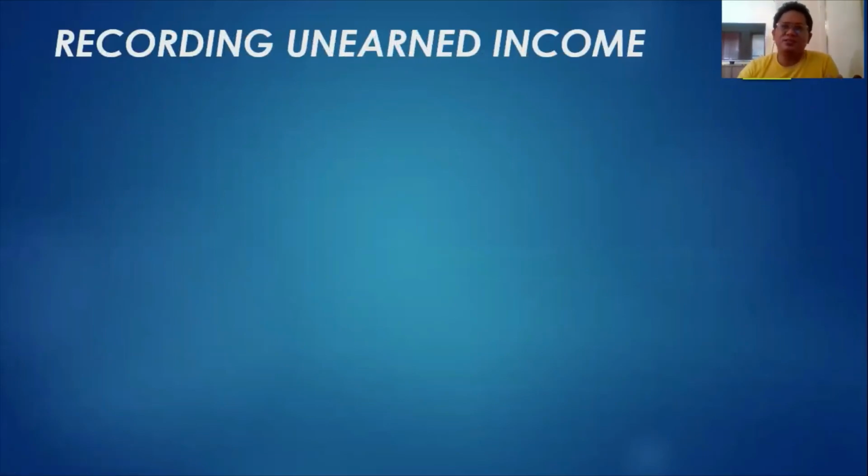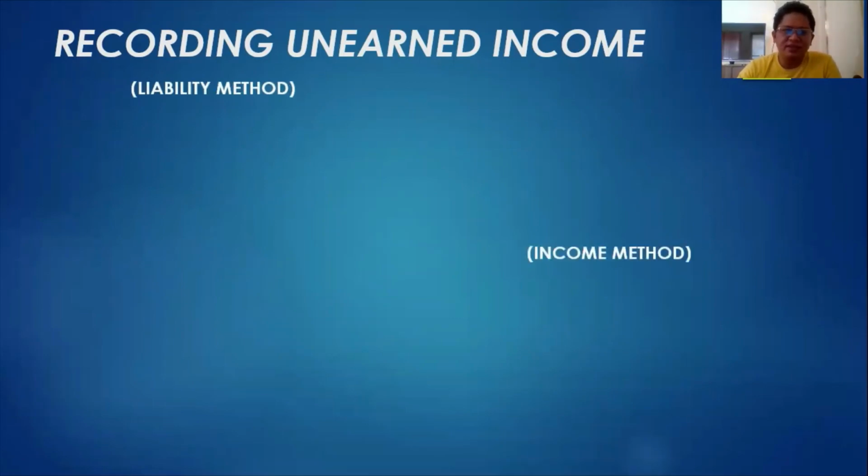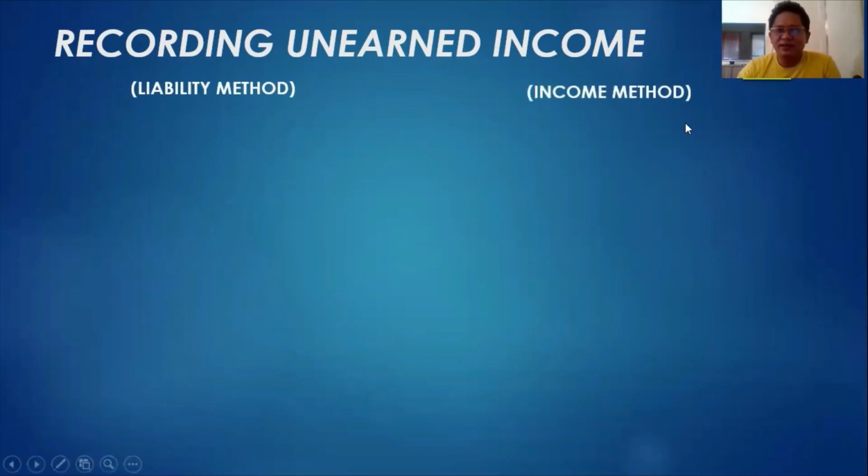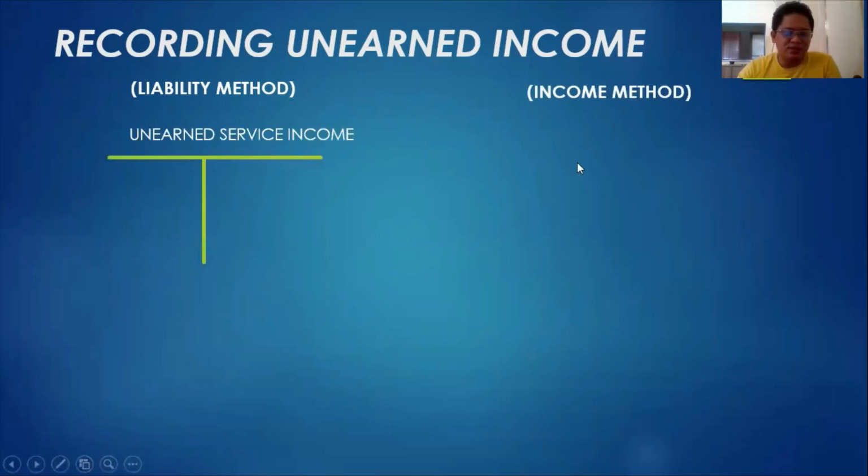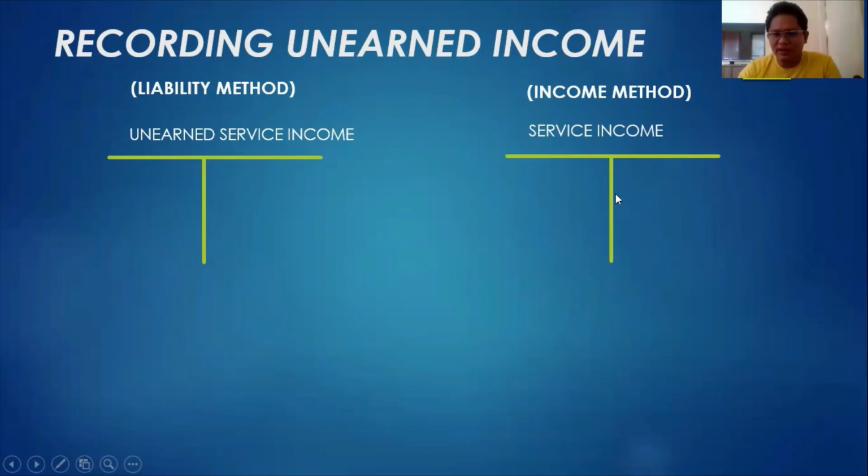Prepaid expenses has 2 methods. Unearned income also has 2 methods of recording: one is the liability method, and the other one is the income method. Under the liability method, the whole thing is recorded under a liability account. Unearned service income is a liability account. And under the income method, the whole thing is recorded under service income.